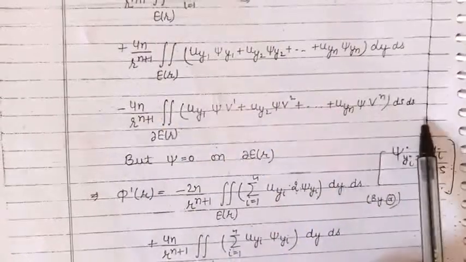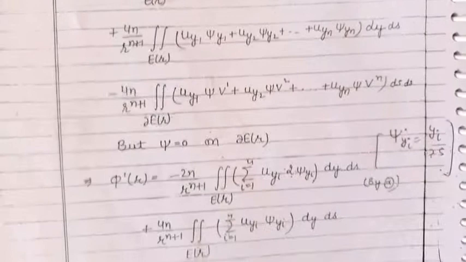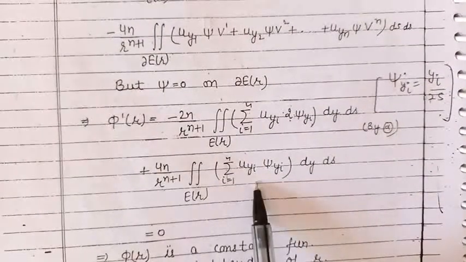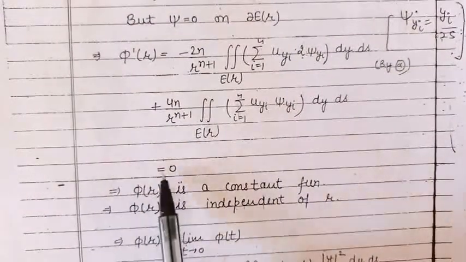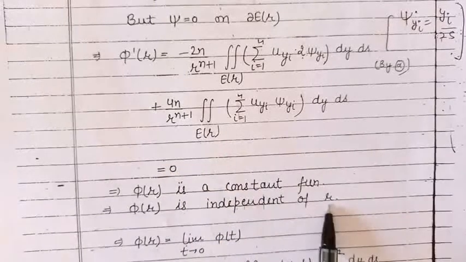This term has become 0 because on the boundary psi is 0. Now we can see from here these two terms will cancel out. So we get the derivative of function phi with respect to r is 0. It means the function phi is independent of r.